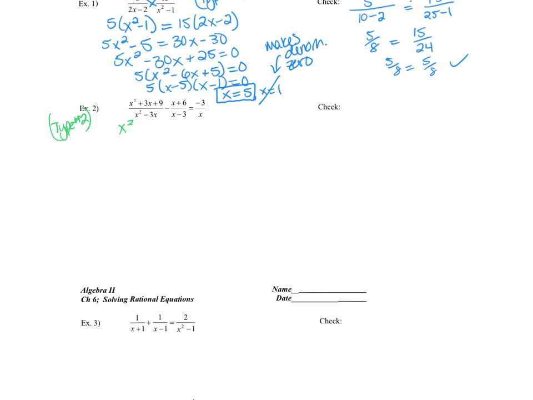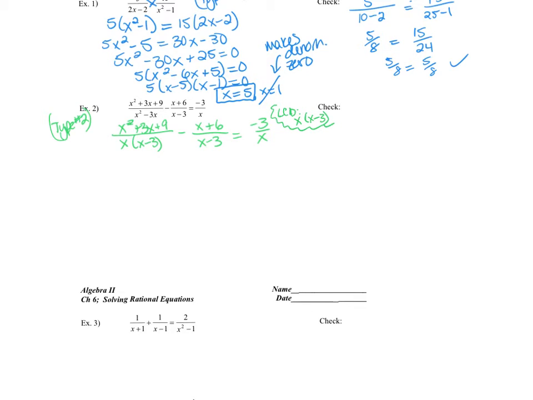So I have x squared plus 3x plus 9 over x times x minus 3, minus x plus 6 over x minus 3 for the next fraction, set equal to negative 3 over x. I can now determine my LCD, which in this case is going to be x times x minus 3.